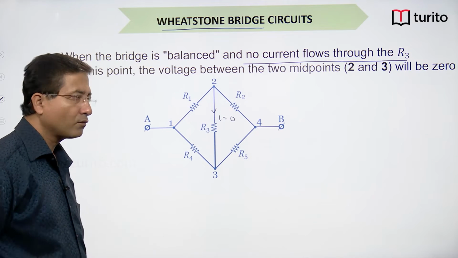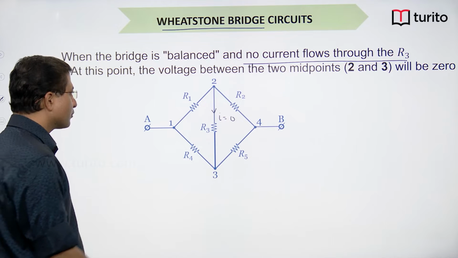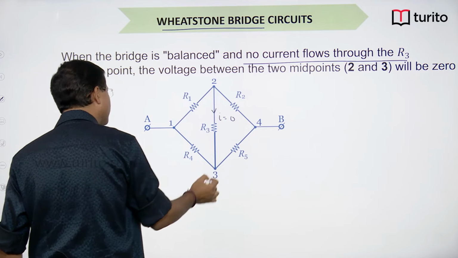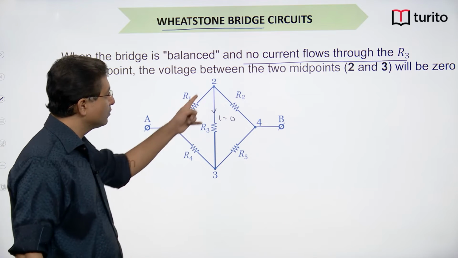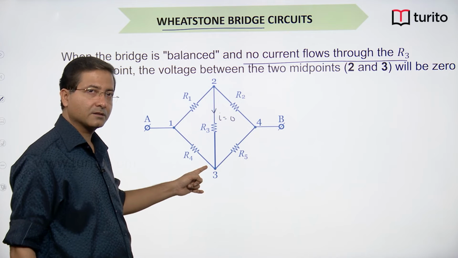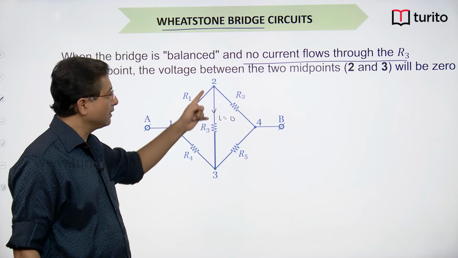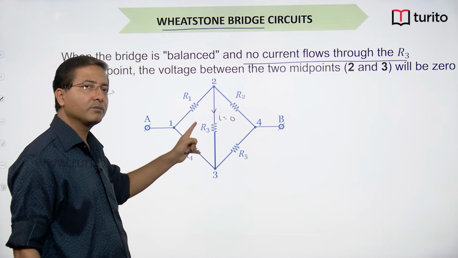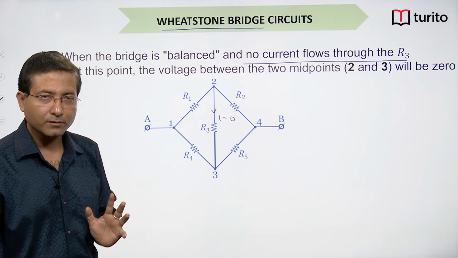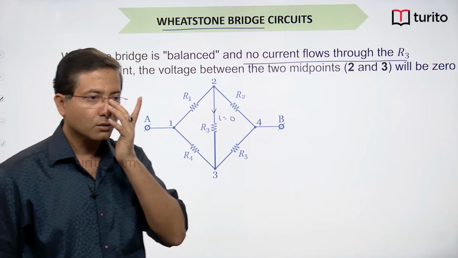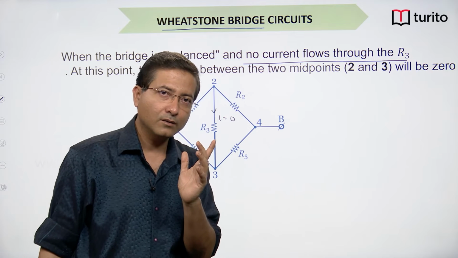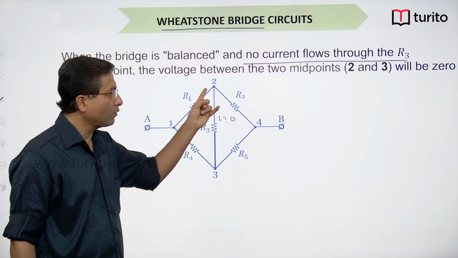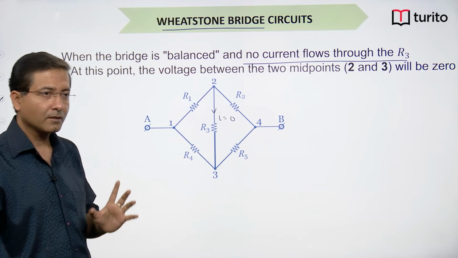For this to happen, the potential here and the potential here must be the same, because current flows due to potential difference, and if there is no potential difference, there won't be any flow of current. So a Wheatstone bridge is called balanced when there is no flow of current through this resistor.